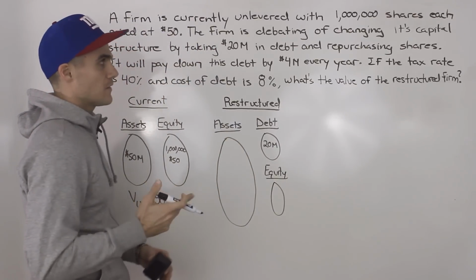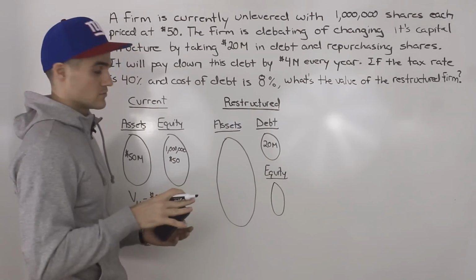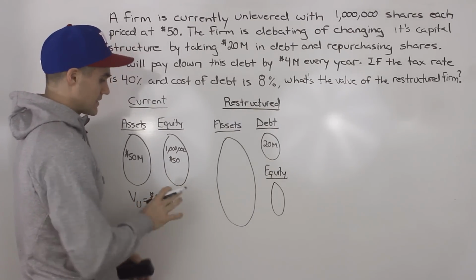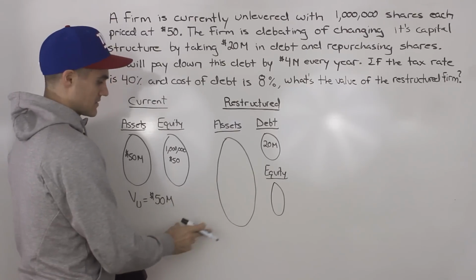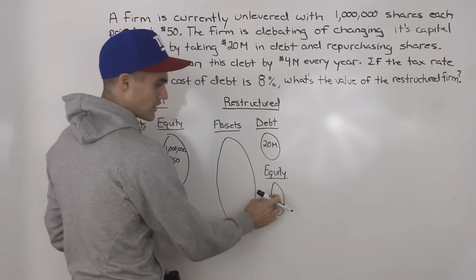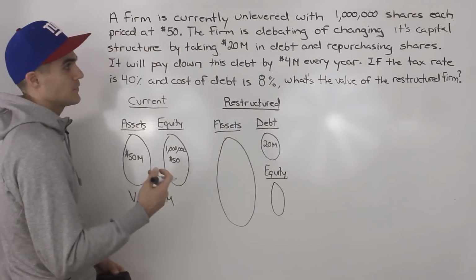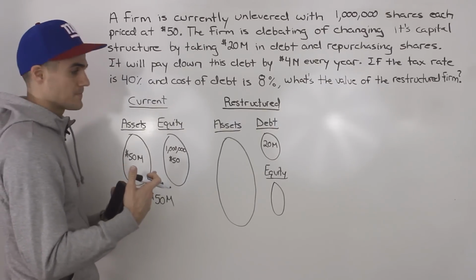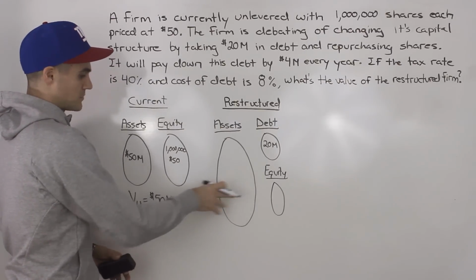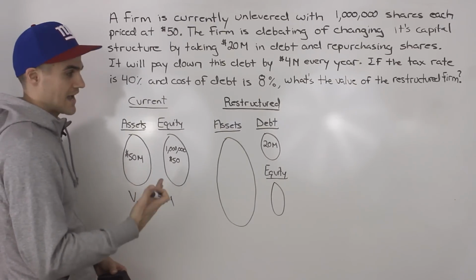Now, if you remember when we were dealing with M&M propositions without taxes, basically the value was always consistent. So this 50 million would be the same here. So we know that this equity here would be 30 million. However, because we are now dealing with taxes, the value of this levered firm is going to be higher than the value of that unlevered firm because of that interest tax shield.